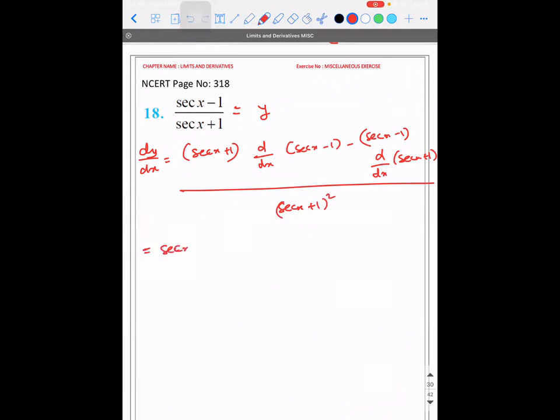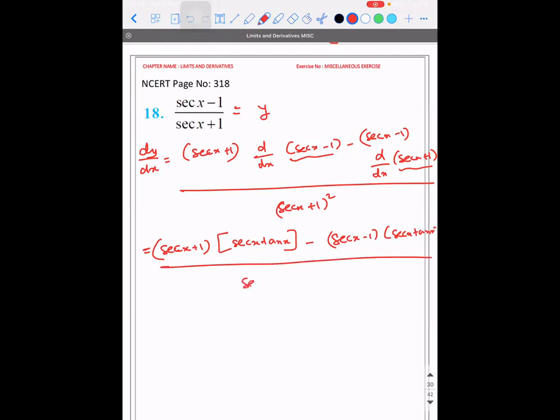So it is secant x plus 1 into derivative of secant x minus 1, which is secant x tan x, minus secant x minus 1 into derivative of secant x again, which is secant x tan x, whole divided by secant x plus 1, the whole square.